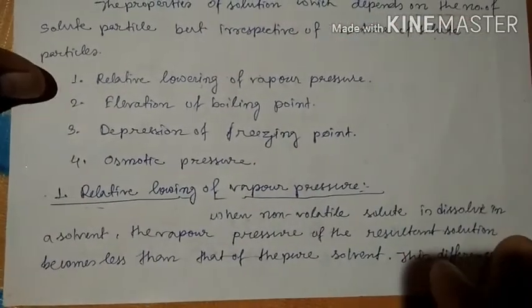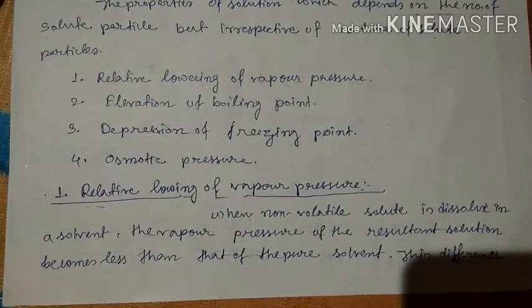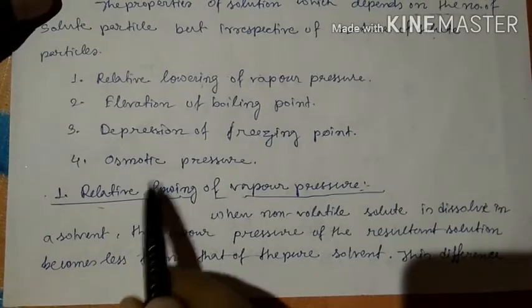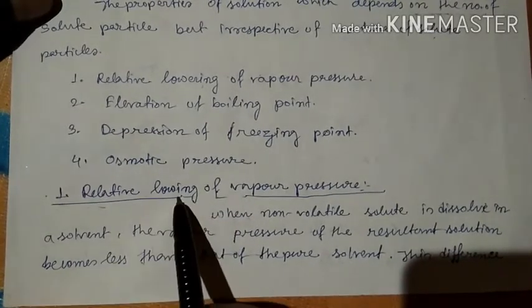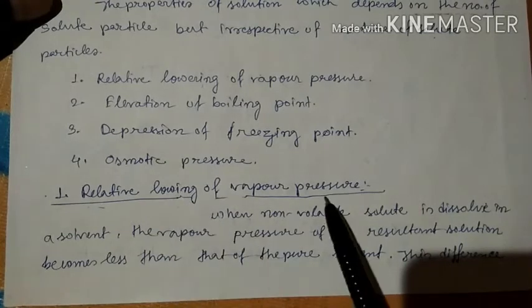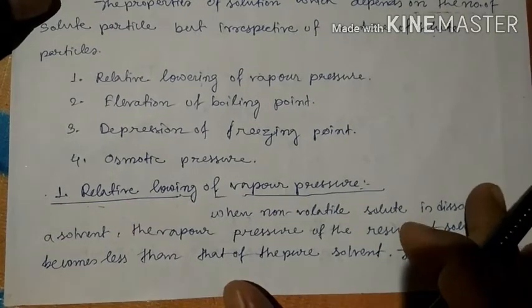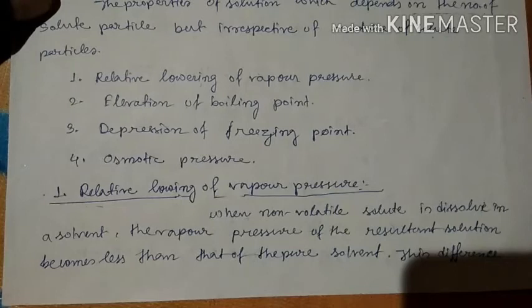First colligative property is the relative lowering of vapor pressure. From the name we can assume that relative lowering means decreasing of vapor pressure. How will it decrease? When a non-volatile solute dissolves in a solvent, the vapor pressure of the resultant solution becomes less.